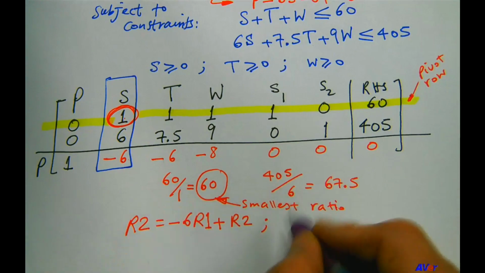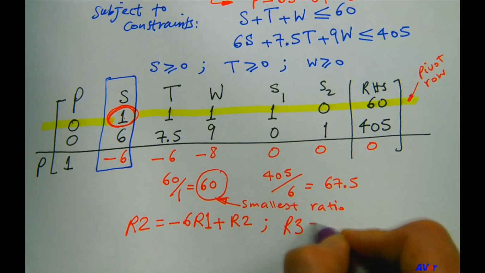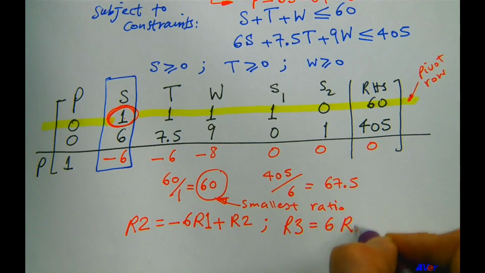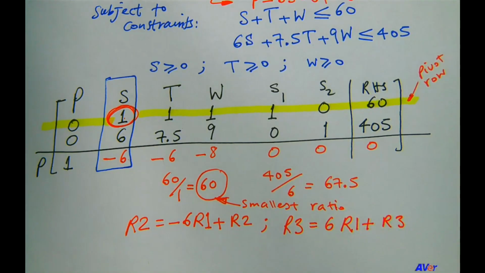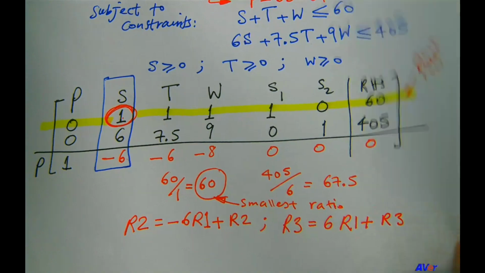So row 3 would be equal to 6 times row 1 plus row 3. Okay, so these are the 2 row operations. I hope my solution so far matches what you did on your own paper. I hope that's the case.